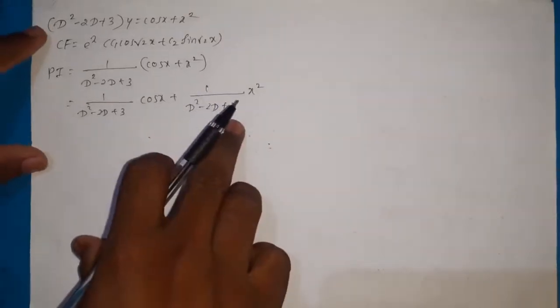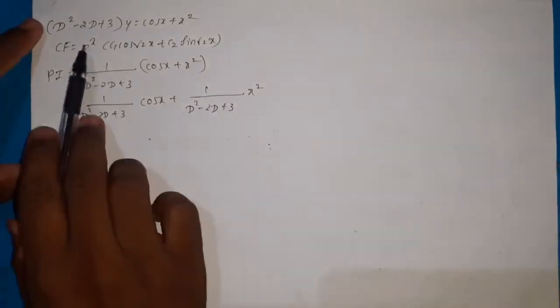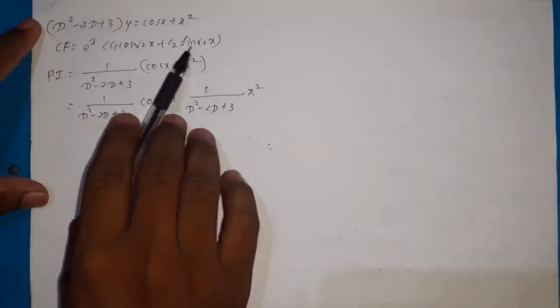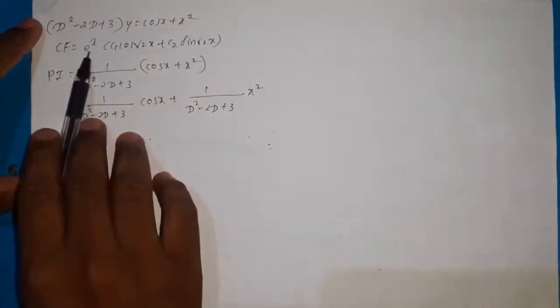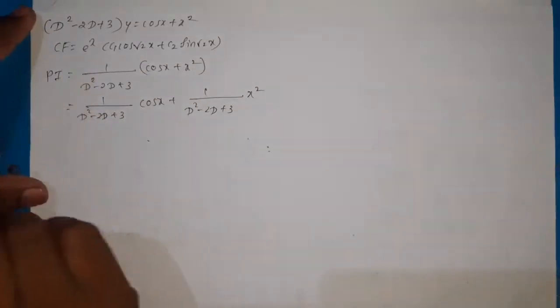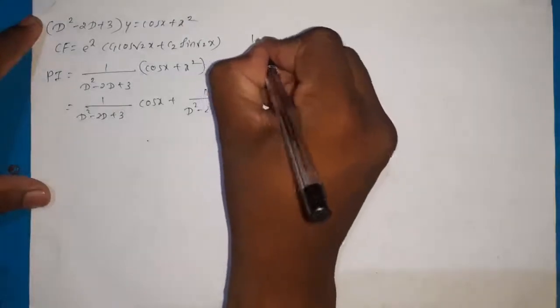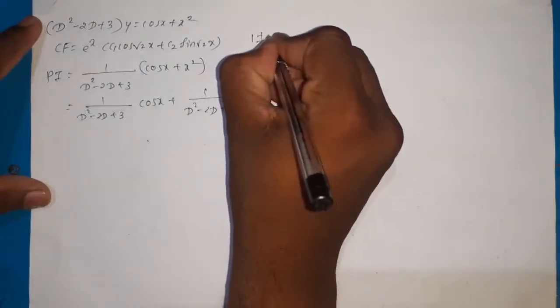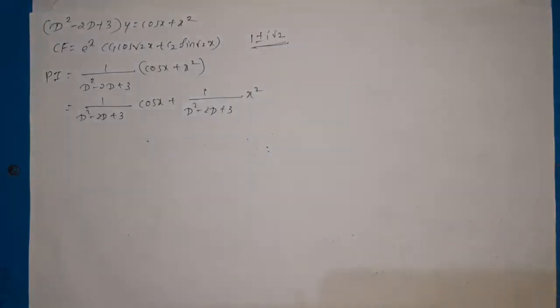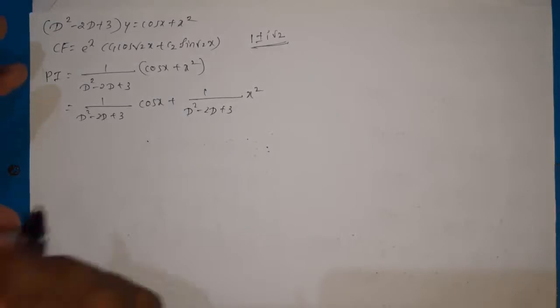The complementary function is eˣ (c1 cos √2x + c2 sin √2x), since the roots of the auxiliary equation are 1 ± i√2, a complex pair. So here alpha equals 1 and beta equals √2.